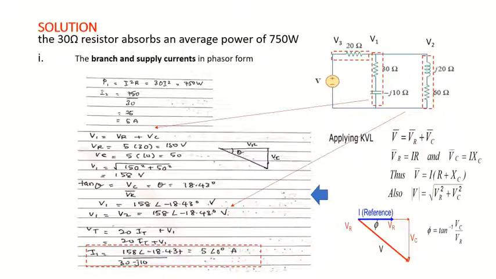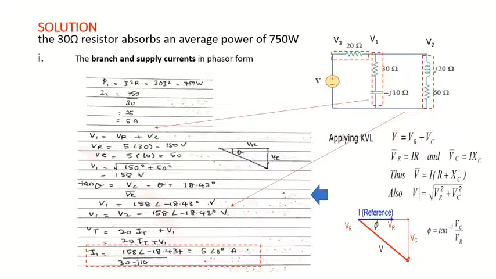From here you can find the magnitude of I1. Sorry, please correct here, it is I1, not I2, which is equivalent to 750 divided by 30. 750 watts divided by the 30 ohm resistor.